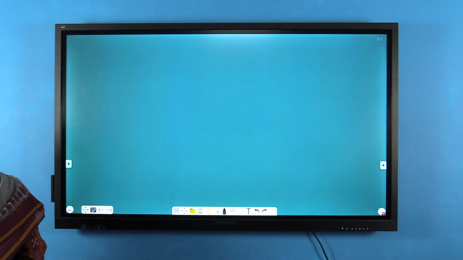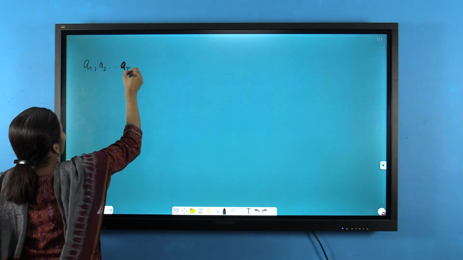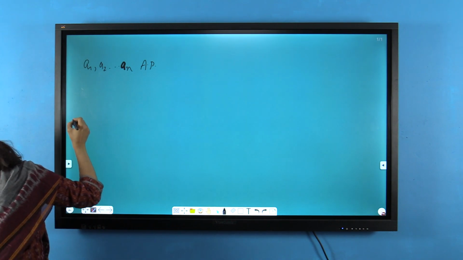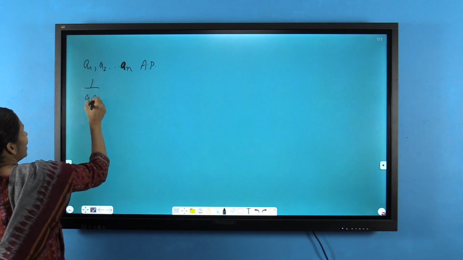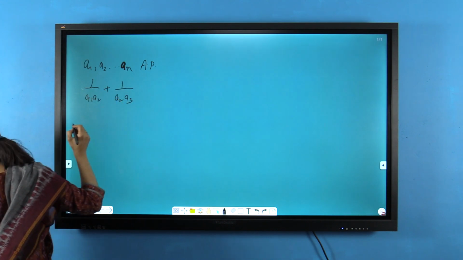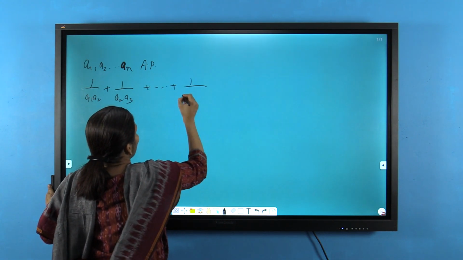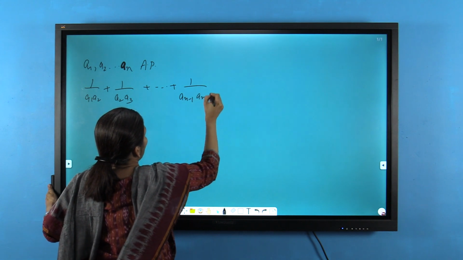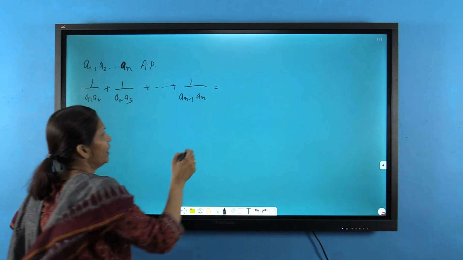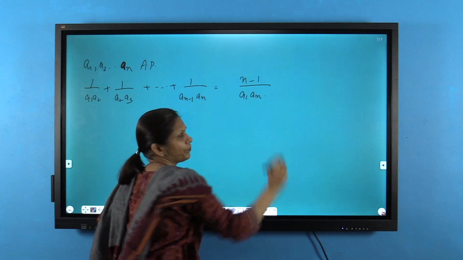Now, if A1, A2, etc., AN are in AP, prove that 1 by A1A2 plus 1 by A2A3 plus etc. plus 1 by A(N minus 1)AN is N minus 1 divided by A1AN.